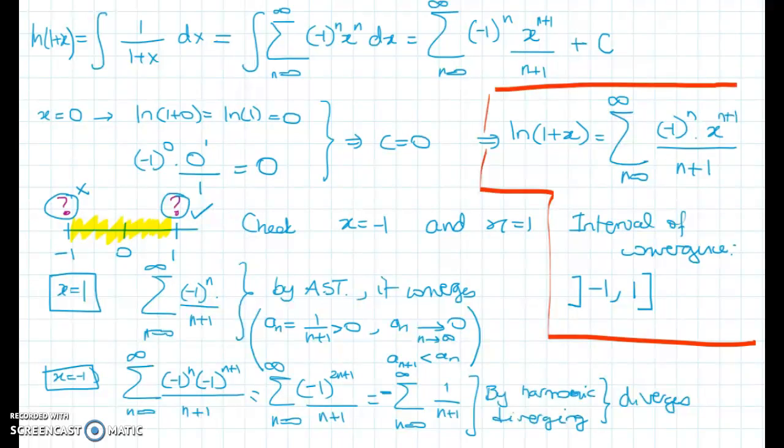So we saw in this case how the interval of convergence from the original power series changed, because in our original power series 1 over 1 plus x, none of the endpoints were included, and now that we consider the antiderivative, we included one of the endpoints. So we always have to check the endpoints because the interval of convergence can change.